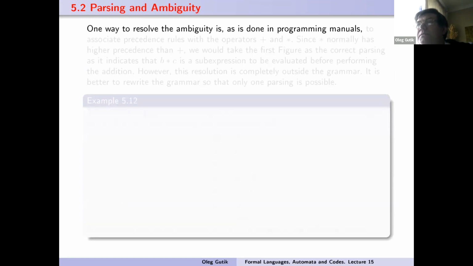One way to resolve the ambiguity is to write down in the programming manual a precedence rule associated with the operations plus and star.